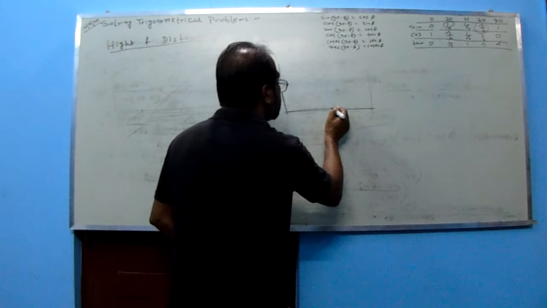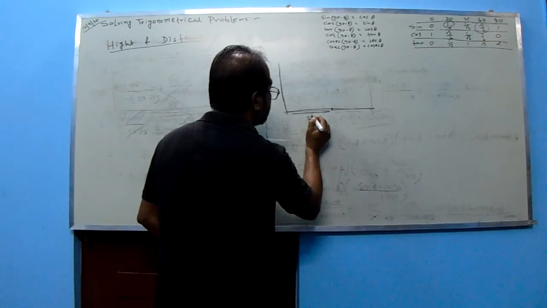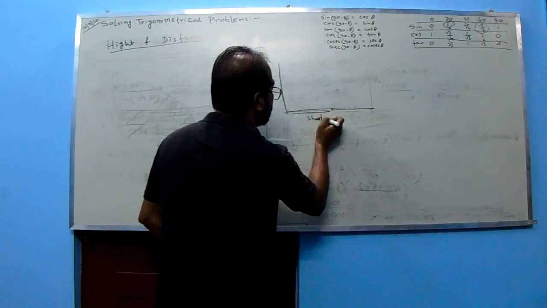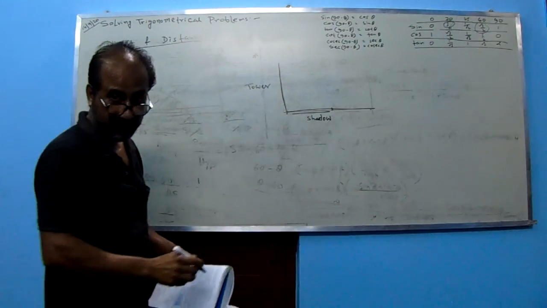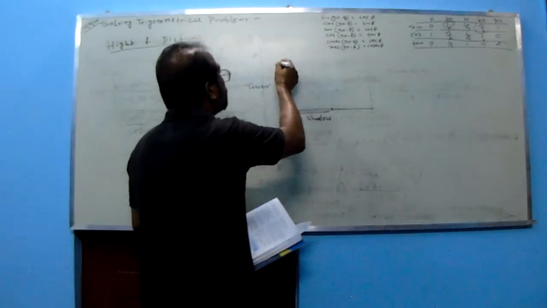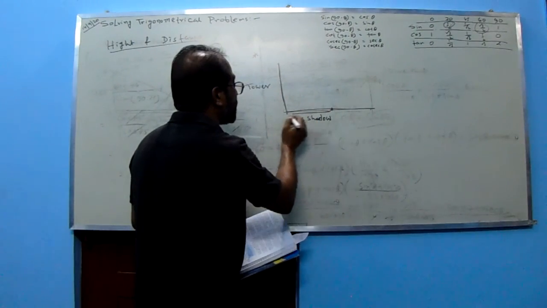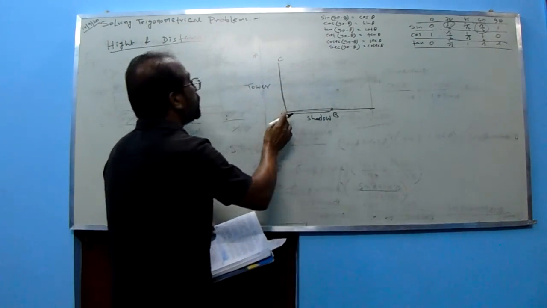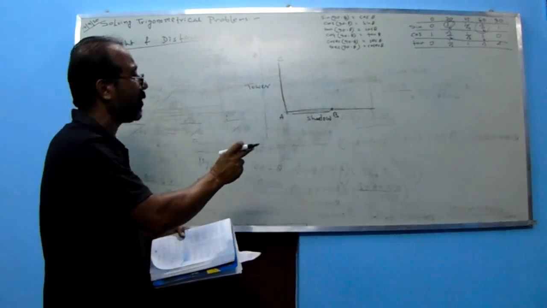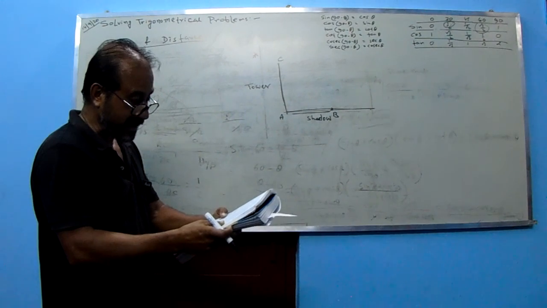That means this is one shadow. So obviously the sun is to be here, and the shadow of the tower comes here on the horizontal line. If I name A, B and C, AC is treated as the tower and AB is treated as the shadow.